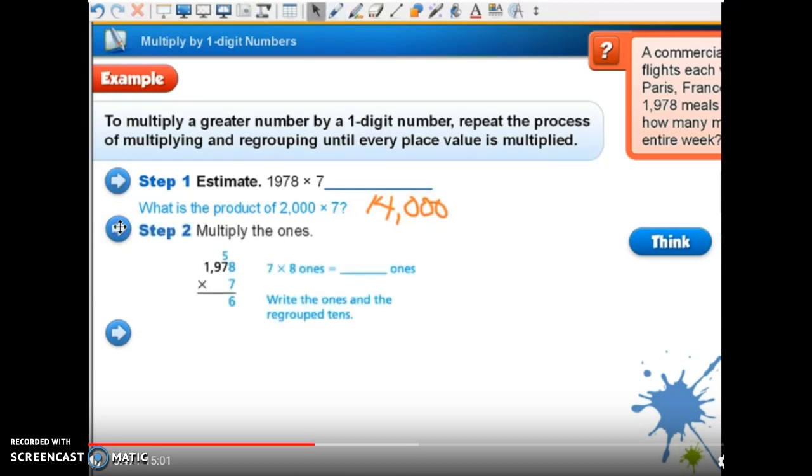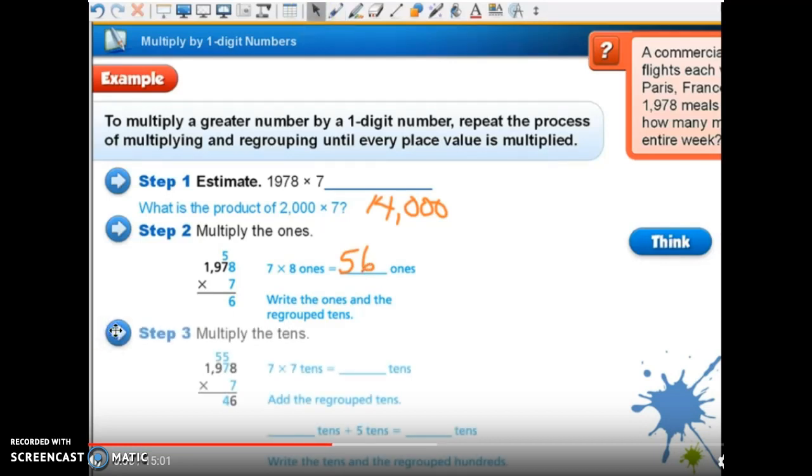Step 2, multiply the ones. What is 7 times 8? 56 ones. So I put my 6 in the ones place and I regroup my 5 over to the tens. Step 3, multiply the tens. 7 times 7 tens is how many tens? 49 tens.